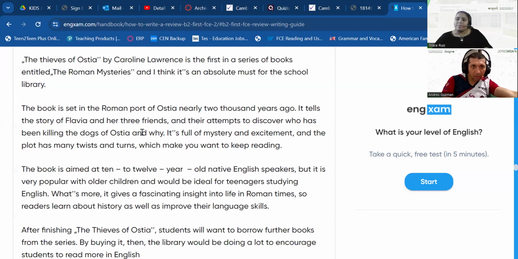What do you mean? In the second paragraph, for example, it says it's full of mystery and excitement. It has double quotation marks instead of an apostrophe. It's a construction that's not formal. Right.